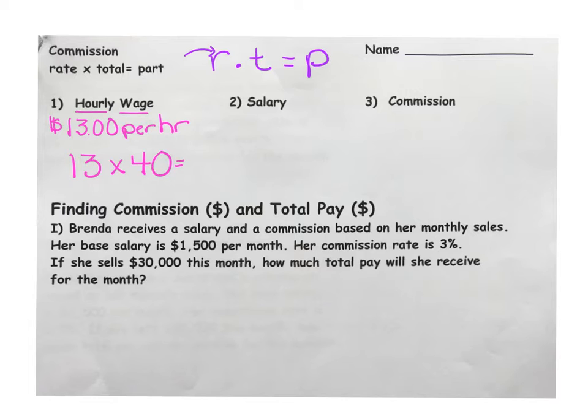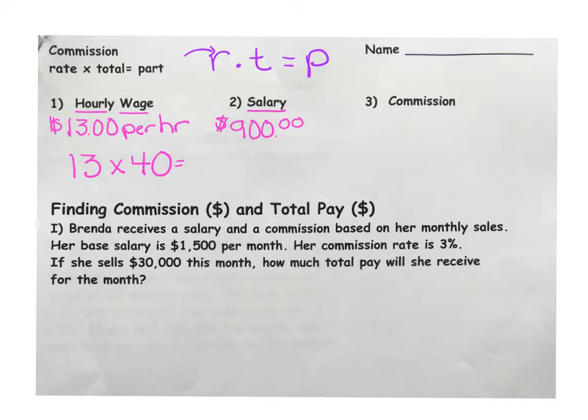Some people earn based on a salary, which means you might get a guaranteed amount regardless of the amount of hours you work. But usually there's a minimum amount of hours you have to put in. Somebody may get, for example, $900 per week, but they have to work a minimum of 40 hours or maybe more.